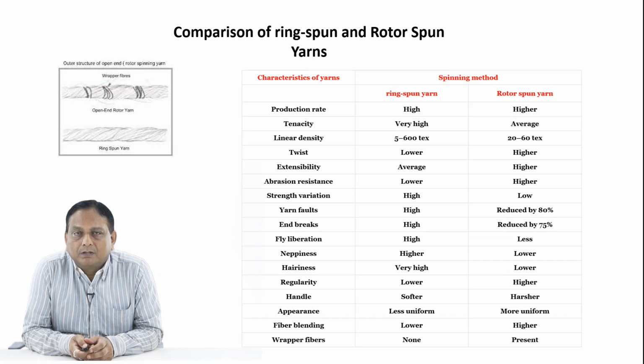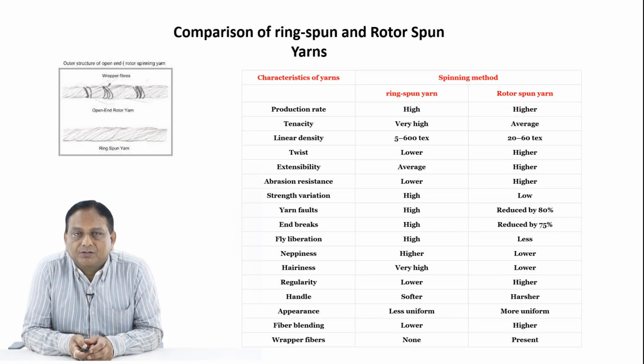Twist also: lower twist is there in ring spun yarn, but higher twist in rotor spun yarn. Extensibility is average in ring spun yarn and higher in rotor spun yarn. Similarly, abrasion resistance is lower in ring spun yarn, but in rotor spun yarn it is higher. So rotor spun yarn abrasion resistance is higher than ring spun yarn.